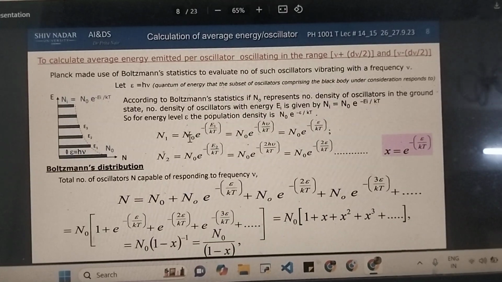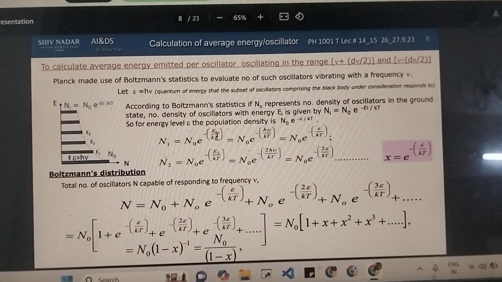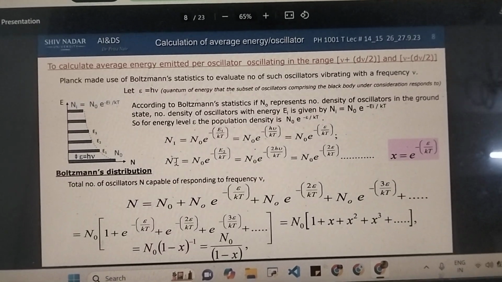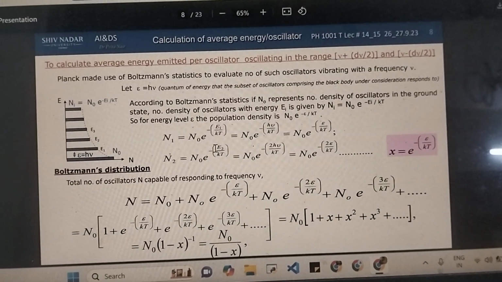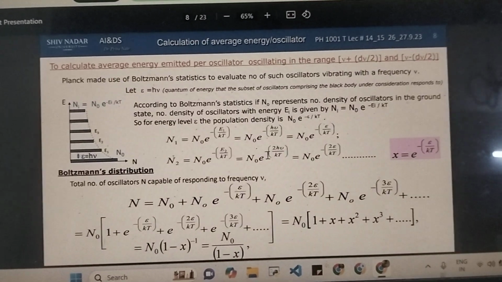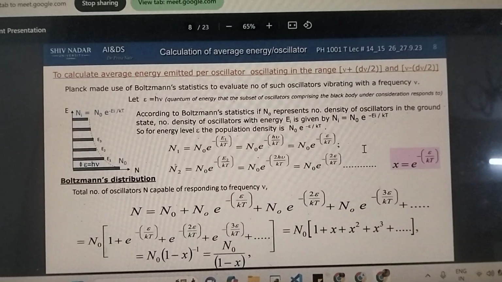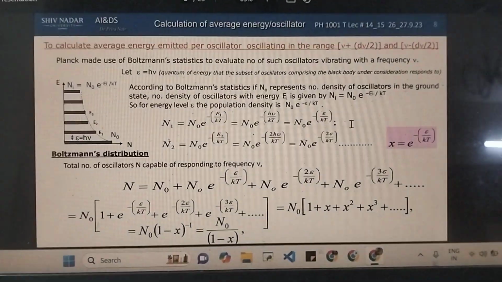So n1 is n0 e^(-E1/kT), where E1 is nothing but h nu, which is epsilon. n2 is n0 e^(-E2/kT), where E2 is 2 h nu, which is 2 epsilon, E3 will be 3 h nu, which is 3 epsilon, and so on.